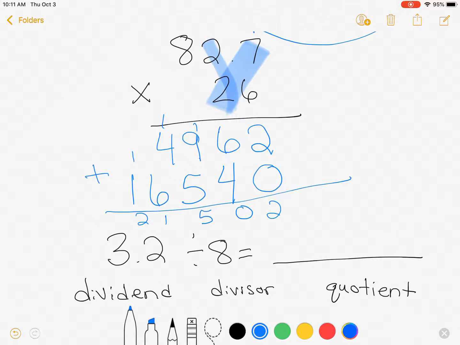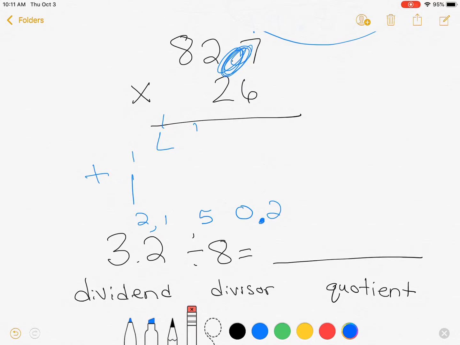Is my product 21,502? No, because we are multiplying by tenths. So I need to place my decimal one place over. So it is 2,150 and 2 tenths. Okay, I'm going to go ahead and erase this since it is in the way.